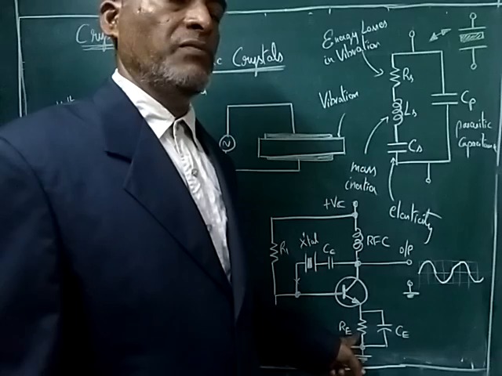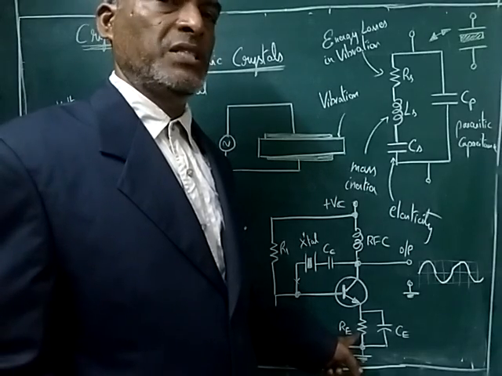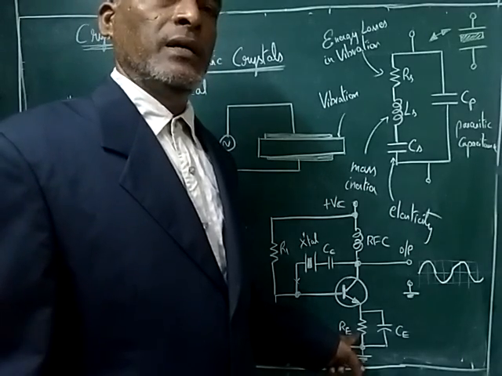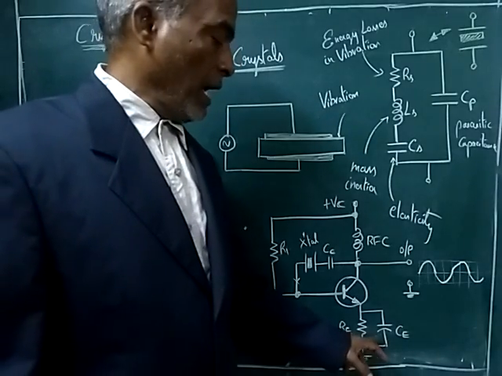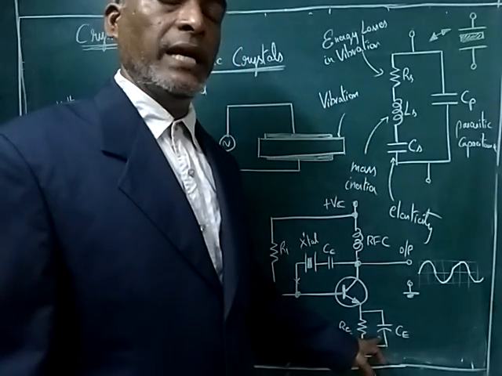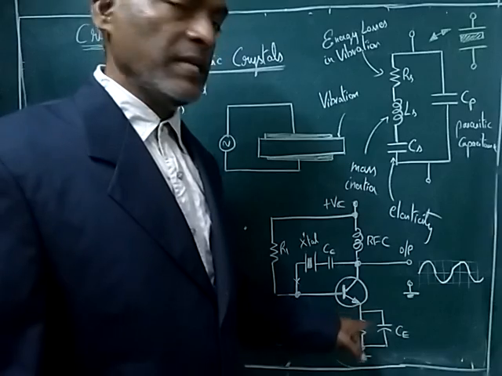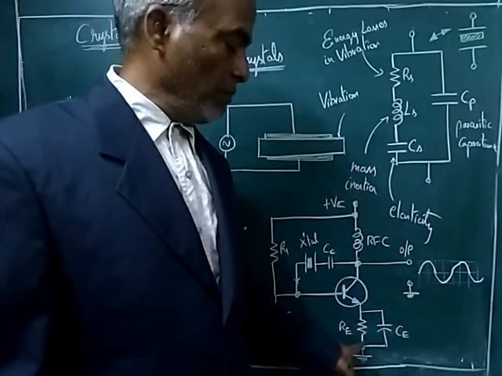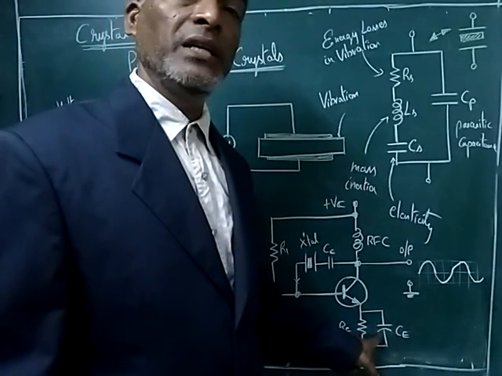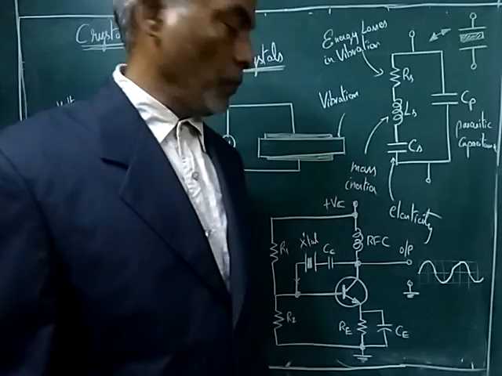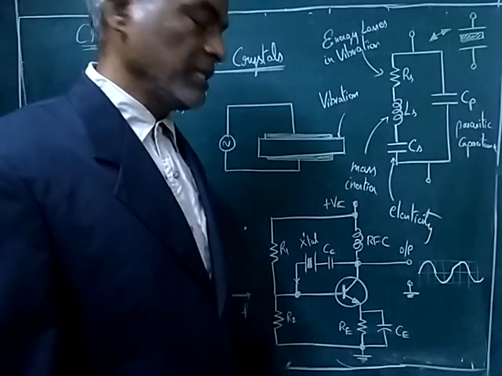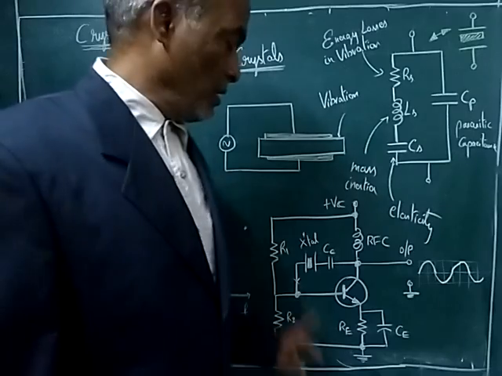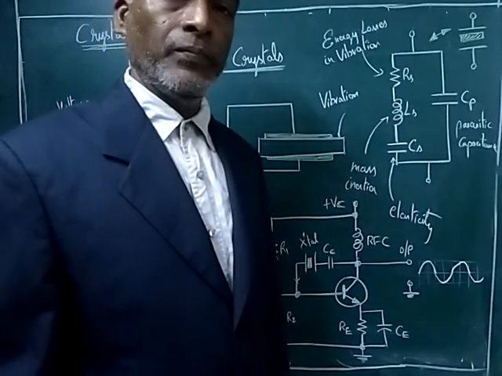You all know that when we introduce negative feedback, the stability of the amplifier will improve. And CE is there to increase the gain also. In AC analysis, RE acts as a short because of CE, therefore AC gain will improve. R1 and R2 fix the biasing of the transistor. Here we use voltage divider biasing.